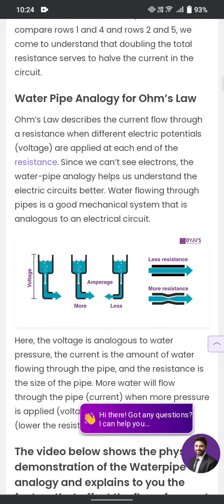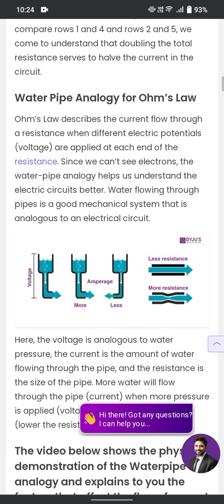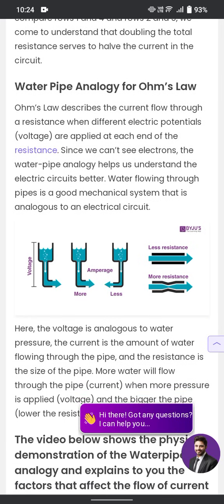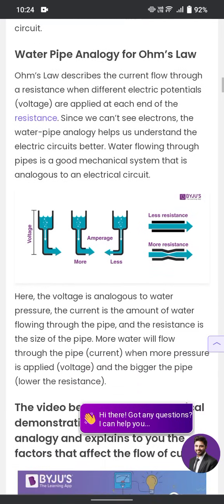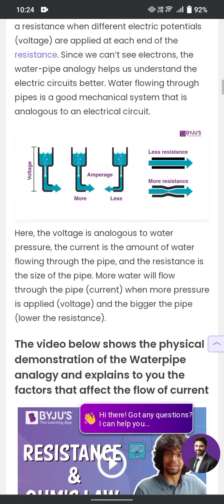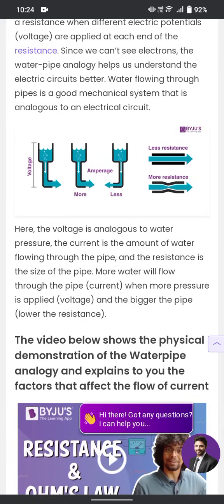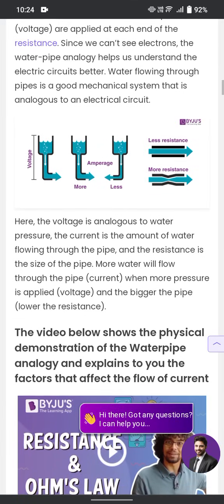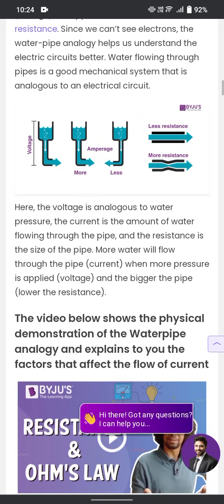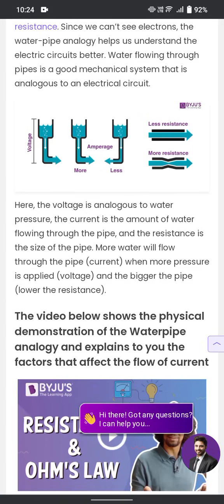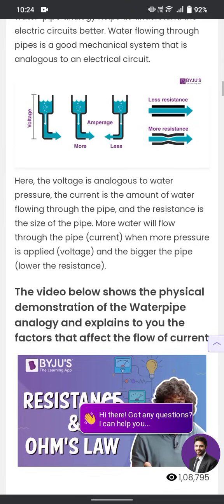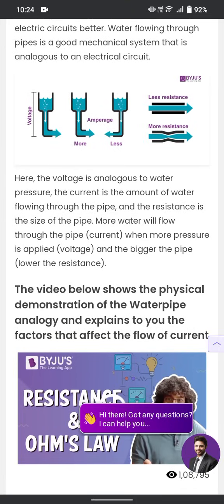Water flowing through pipes is a good mechanical system that is analogous to an electrical circuit. Here the voltage is analogous to water pressure, the current is the amount of water flowing through the pipe, and the resistance is the size of the pipe.